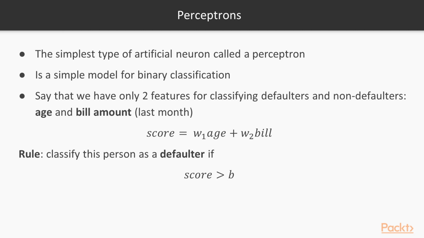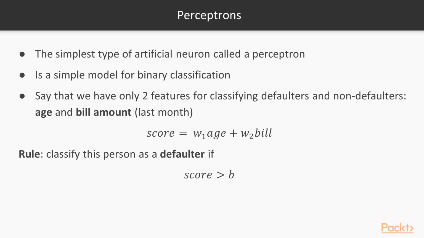They are very simple models, as you will see now. Let's use the context of the dataset that we have been using in this course, the credit card default dataset. Let's say that we have only two features for classifying defaulters and non-defaulters: age and bill amount.